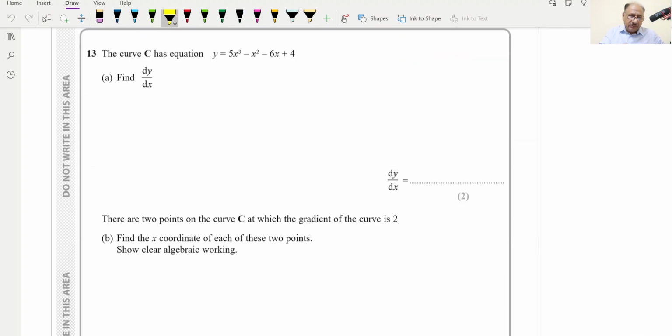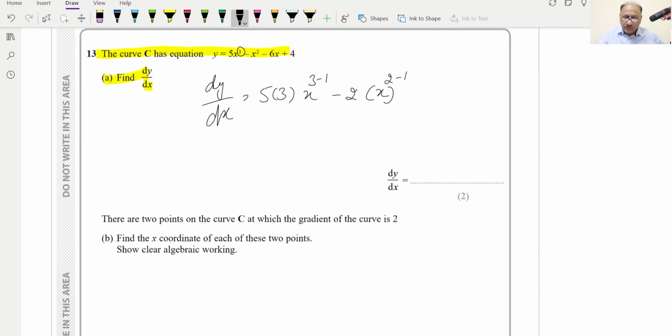Question number 13. The curve C has this equation, find the derivative. Basically we have to find the derivative. So dy over dx will be equal to 5 times 3, x raised to the power 3 minus 1, and minus 2 times x raised to the power 2 minus 1, and then minus 6, since the derivative of x is 1, plus the derivative of a constant, which is 0.